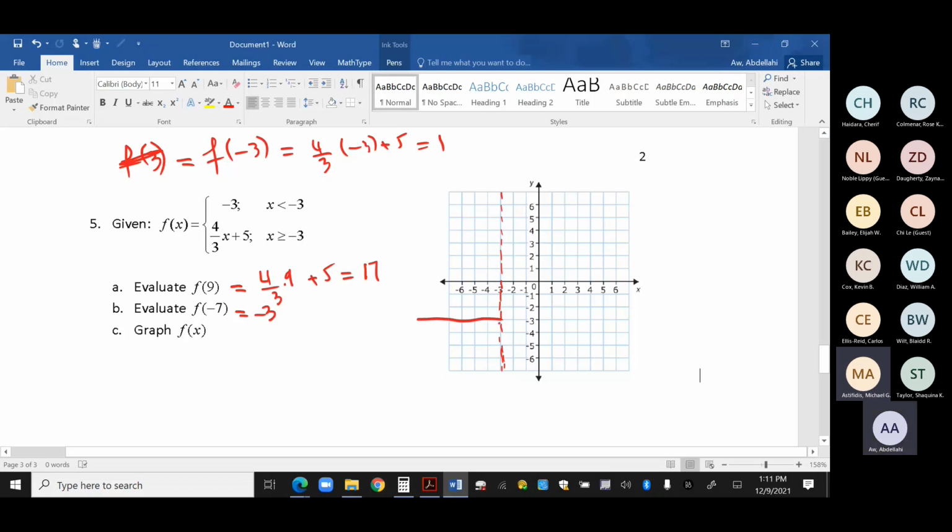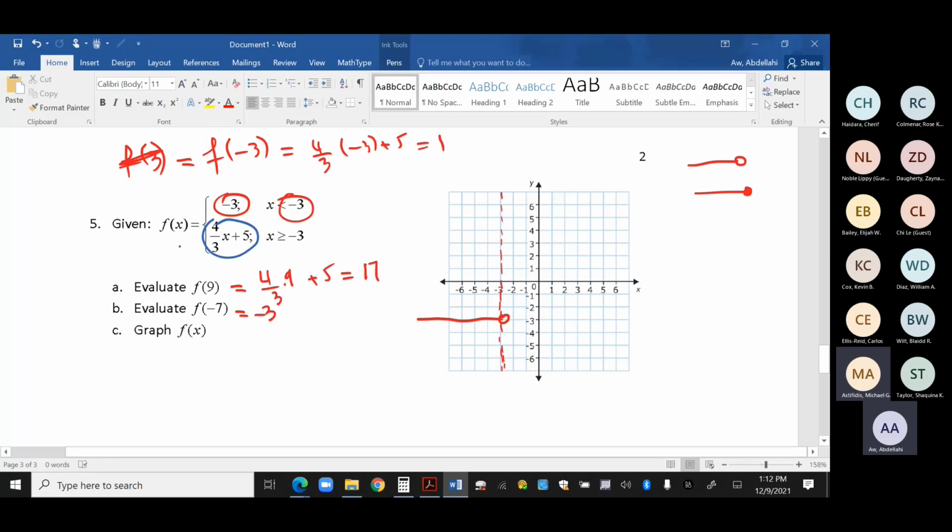Okay. Now here at the very end, do I have an open circle or a closed circle? Open circle. You said open circle, right? Yeah. Thank you. Because -3 is not included in this definition, right? Now to the right side, I have a straight line.